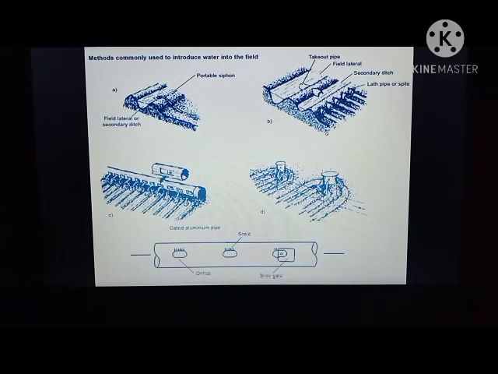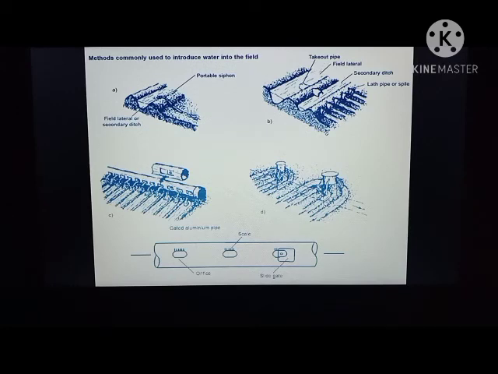These are some methods commonly used to introduce water into the field. First is the secondary ditch, and there are some tubes called portable siphons. This is where the water travels into the field.